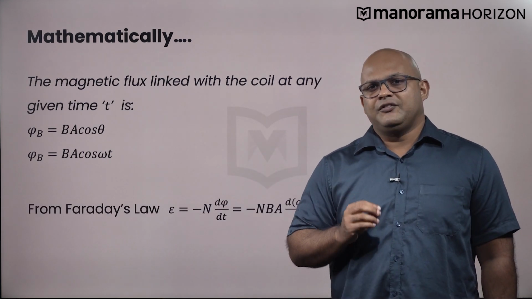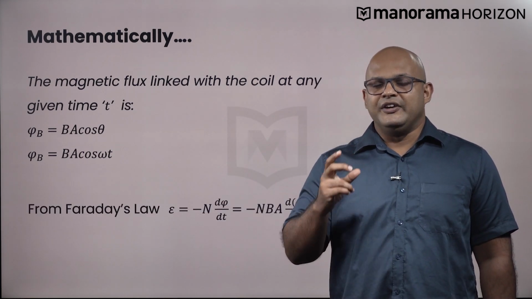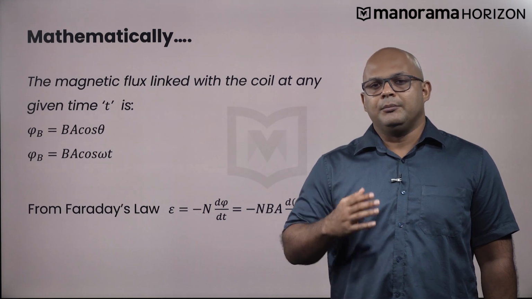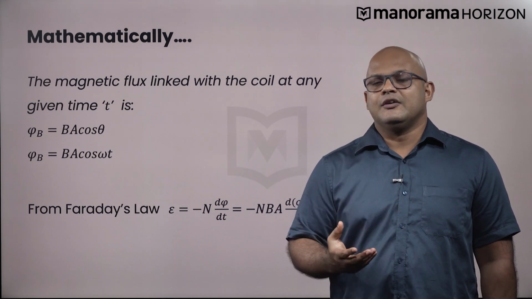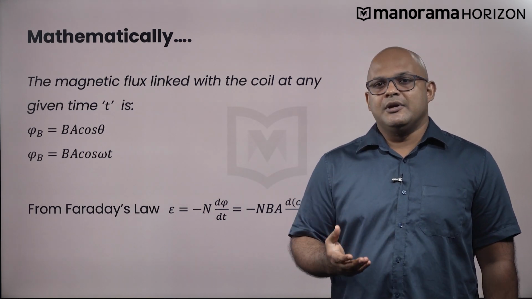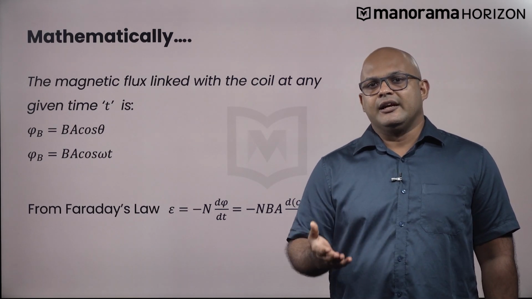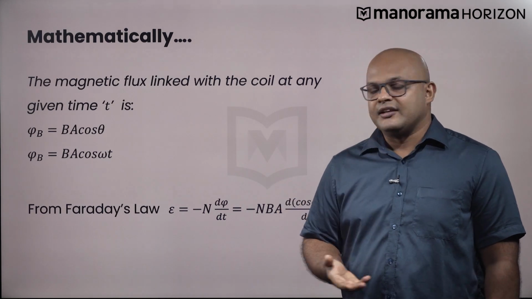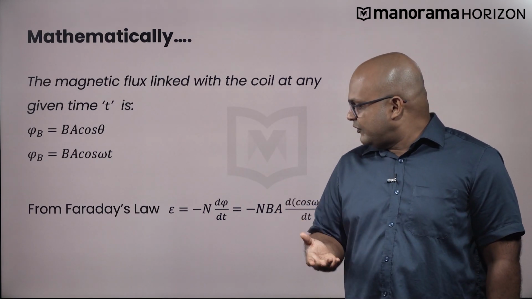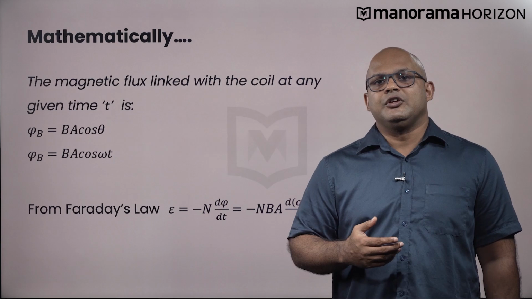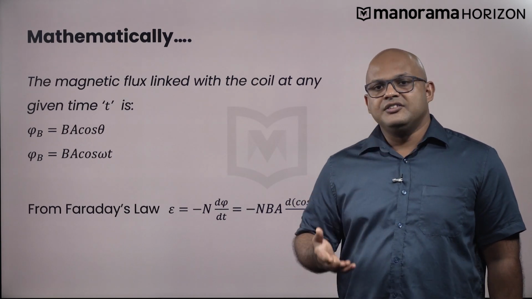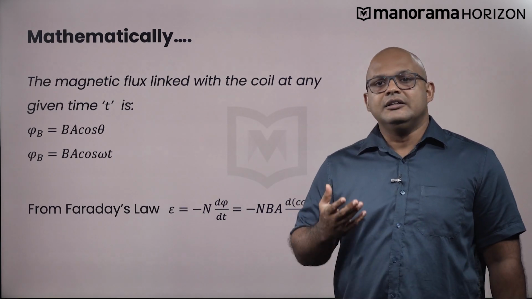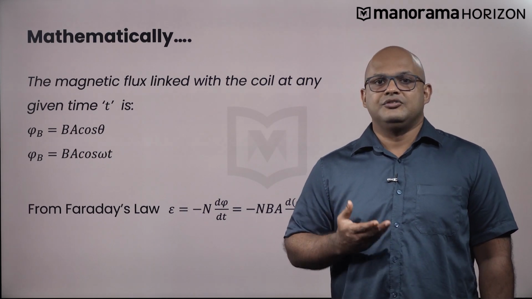Now, we know that from Faraday's law, the variation of the flux with time multiplied by the number of turns gives us the EMF, and this EMF has a negative polarity, meaning it is always opposing its cause. So from that we get that E, that is EMF, is equal to negative d phi by dt, that is equal to negative N B A d(cos omega t)/dt.